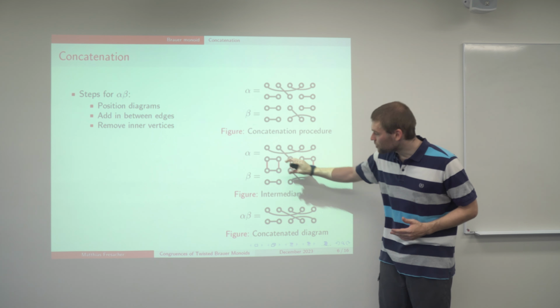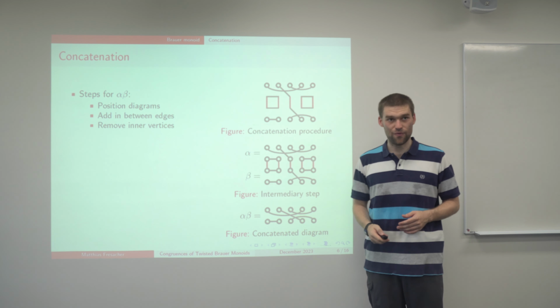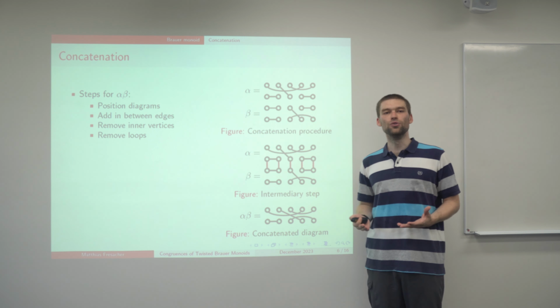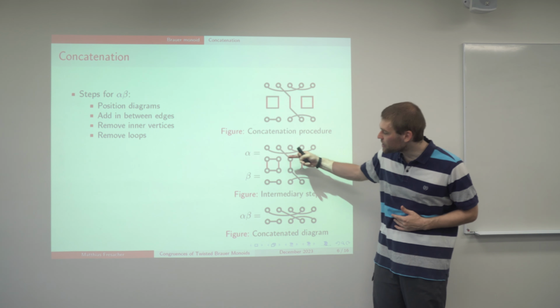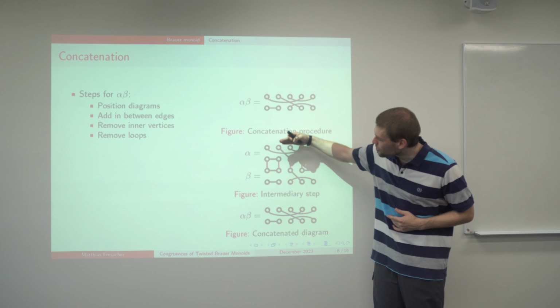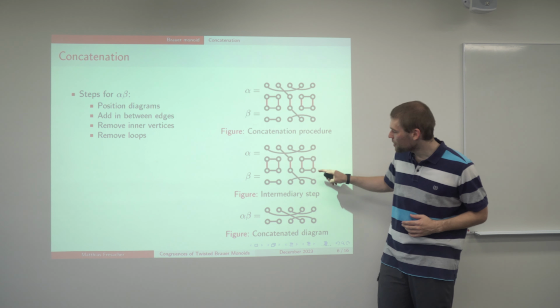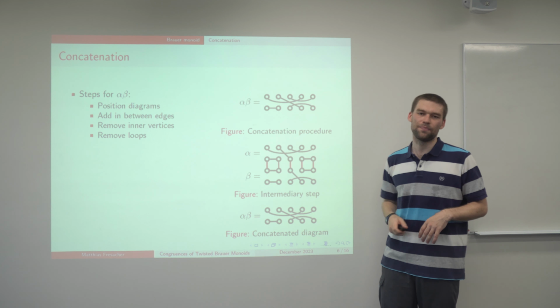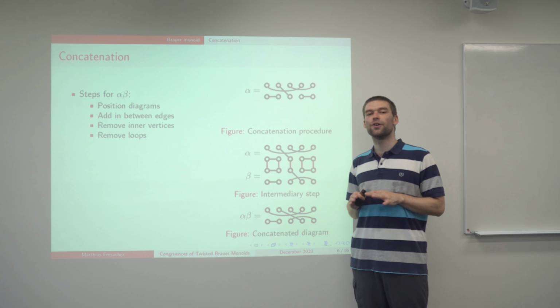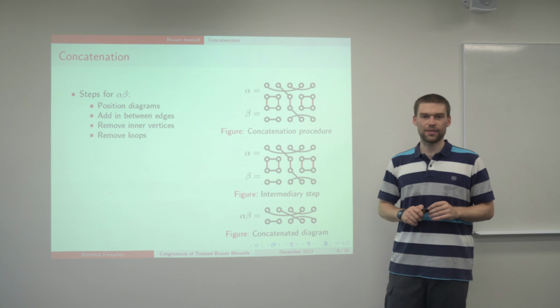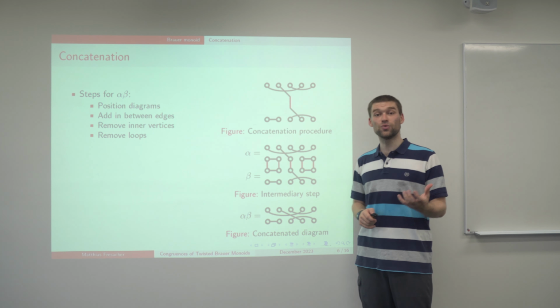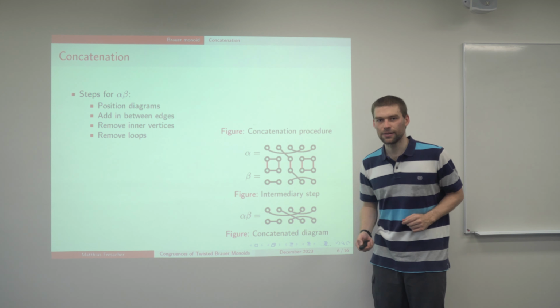We then remove the two inner rows of vertices, and we remove any loops that are created. So a loop is any collection of edges that are not connected to the top or the bottom row. So we have an example here, and we have a second example here. And we've removed these loops because they don't affect the final concatenated diagram. This is going to be different in the twisted setting, so just keep that in mind.